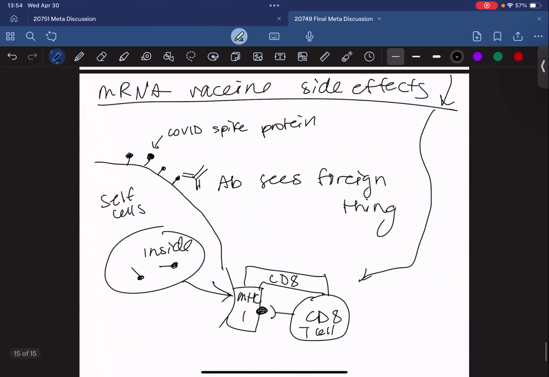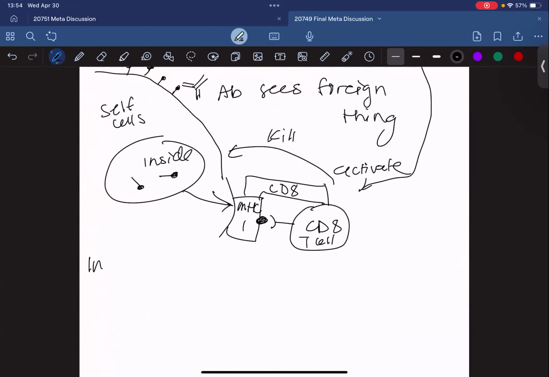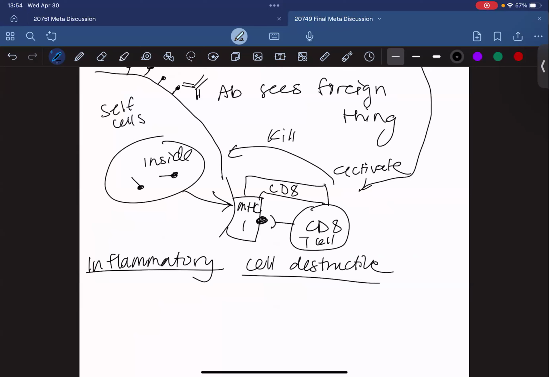And then this can then kill with those granzymes and perforins. So then you will start having an inflammatory and cell destructive response while these cells are making this foreign protein that we haven't ever been trained to treat as a self protein. And so your body can start attacking those cells.